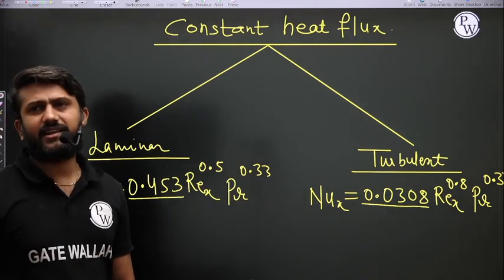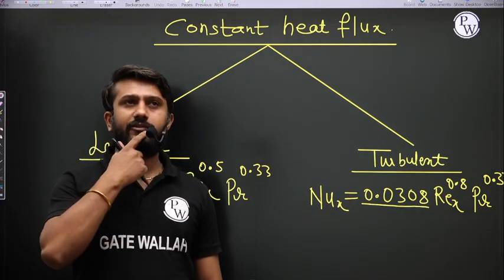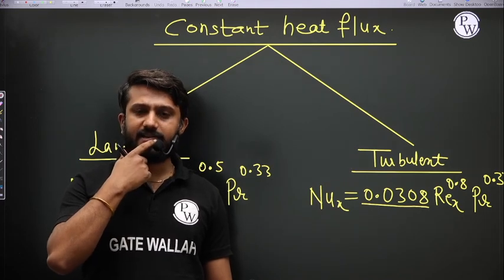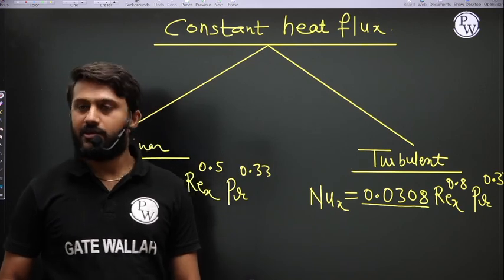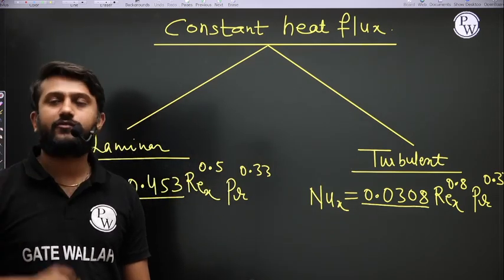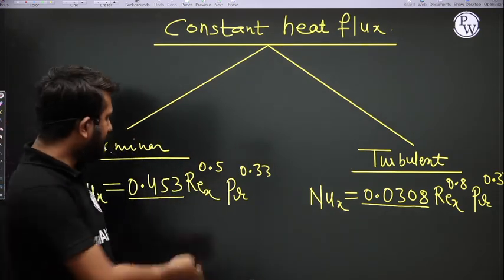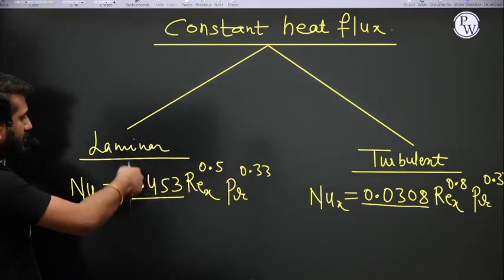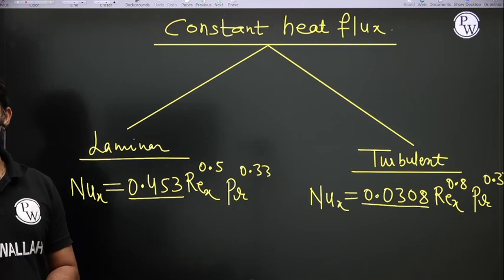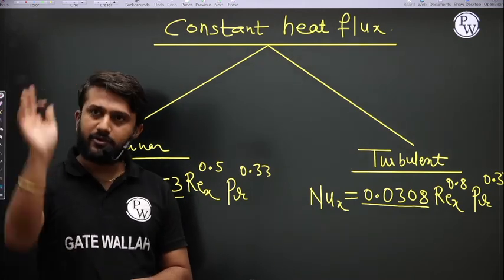So definitely, if you are calculating the convective heat transfer coefficient in the constant heat flux case, you are getting a higher value as compared to the constant wall temperature. Why? See here, this factor is more in both the cases. In case of the laminar, this factor is 0.453 versus 0.332 for constant wall temperature.